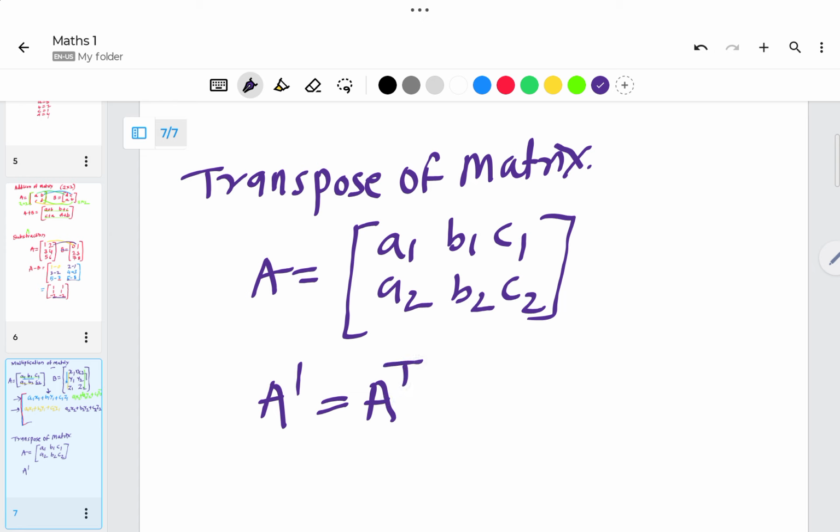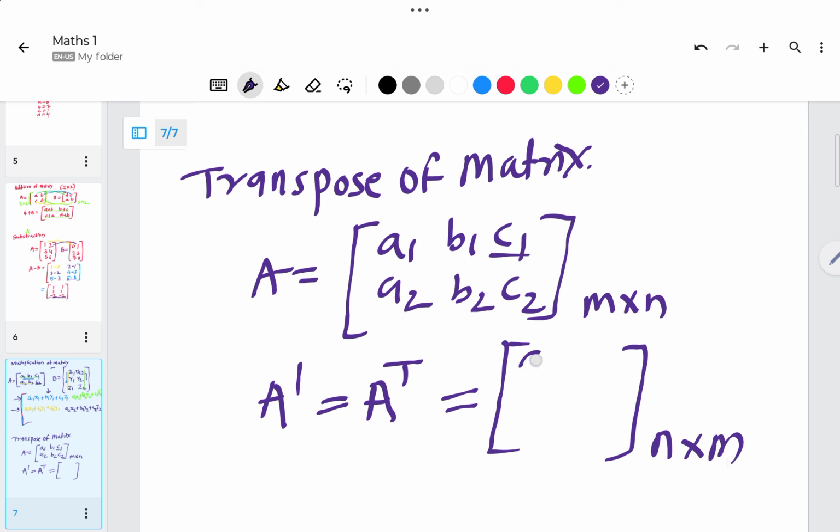Both are the same. For the transpose, you have to change the rows into columns. If it is m into n, it will become n into m. Rows will change to columns and columns will change to rows.